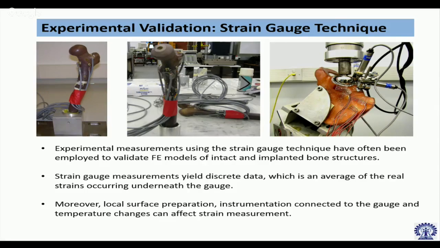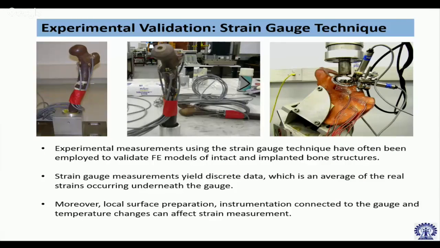There are strains at different locations just underneath the gauge, and you average all those values, and it is a discrete value. Local surface preparation, instrumentation connected to the gauge, as well as temperature change can affect strain measurements.